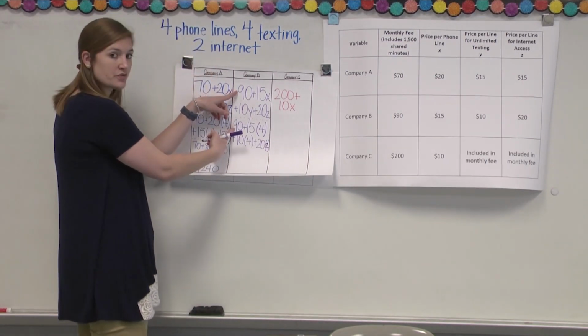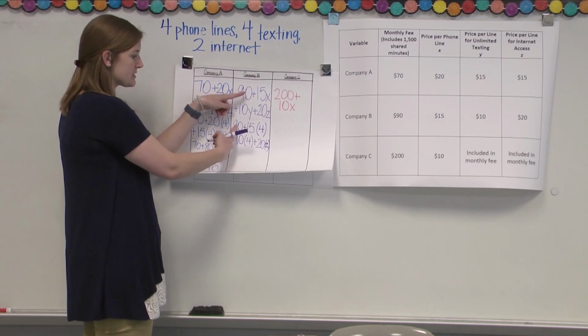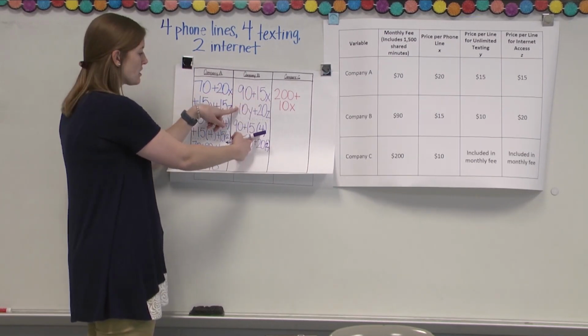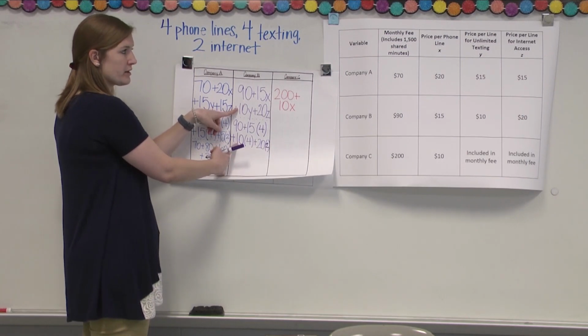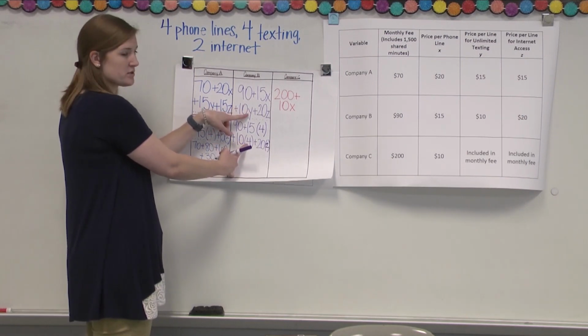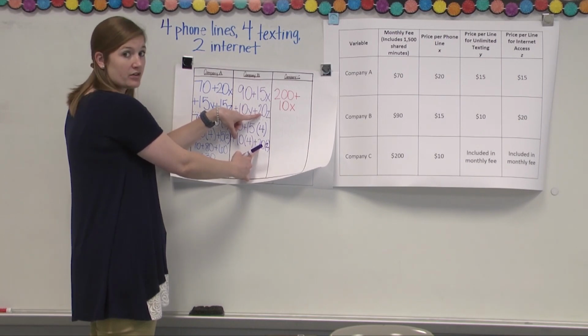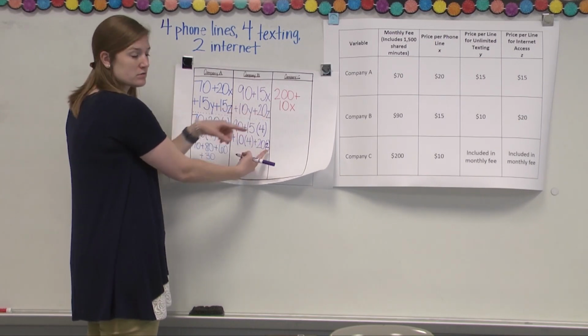So $90 for the 1,500 shared minutes, $15 for every line, we have 4 phone lines, $10 for every line with unlimited texting, we have 4 lines with texting, and then $20 for every line with internet access, and we do have 2 of those.